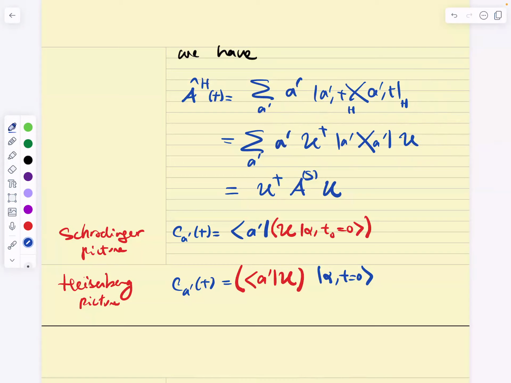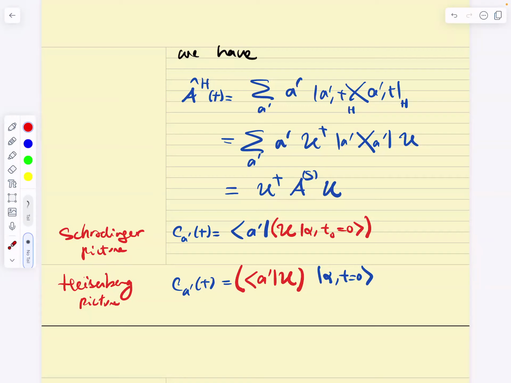The observable at time t could be written as its eigenvalues, which do not change in time, multiplied by its eigenvectors, eigenket and eigenbra. This is the basis that diagonalizes the Heisenberg operator. But these are just U dagger U and could be written this way.